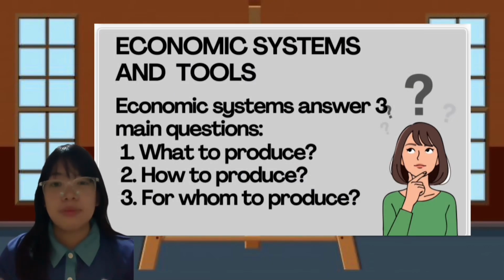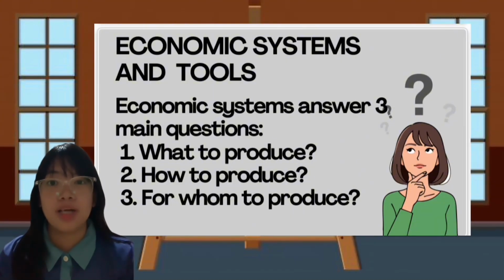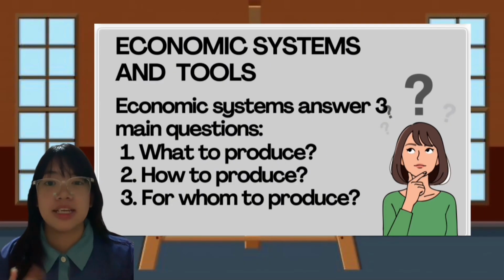Next are the economic systems and tools. Economic systems answer what to produce, how to produce, and for whom to produce. Tools include prices, incentives, and government intervention. An economic system is how a society organizes production and distribution of goods.